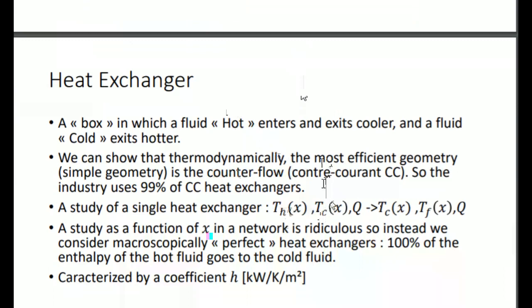And you obviously have the Q, the heat flux that is exchanged between the two fluids. Now, I'm going to explain it a bit later, but for hot, I will call it TC, and for cold, I will call it TF, because it's convenient for me.